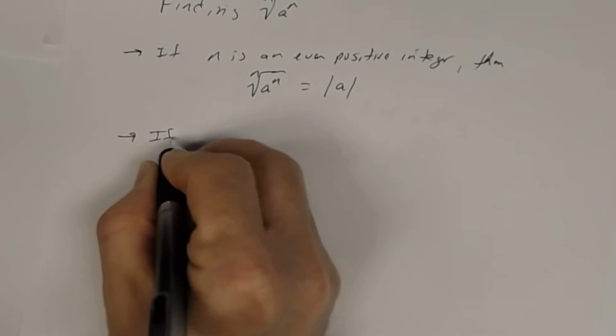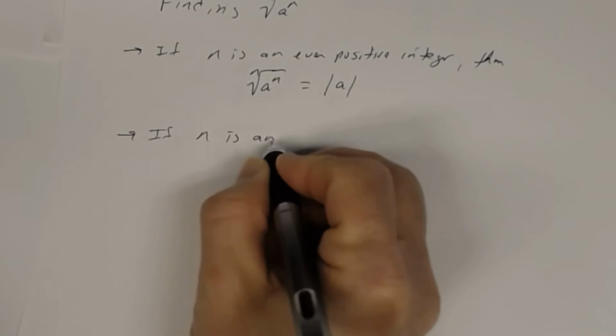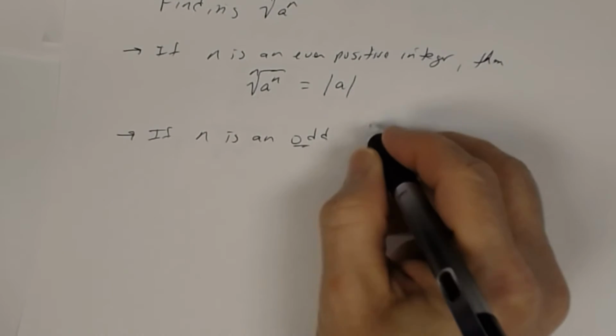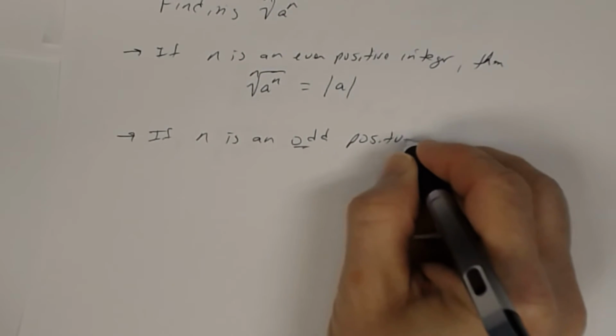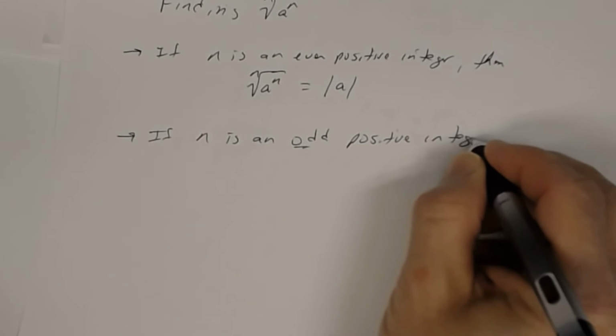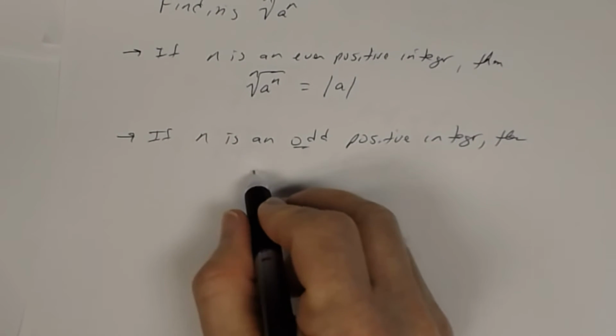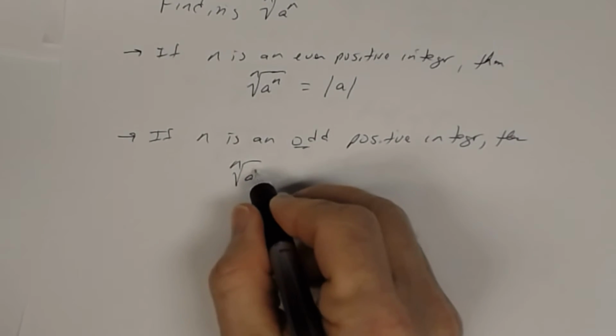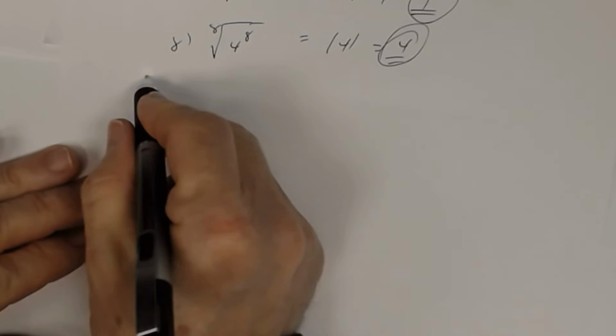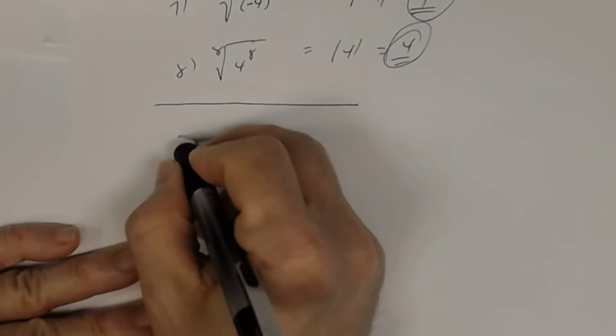If n is an odd positive integer, okay, if n is odd, then you have nothing to worry about. Then the nth root of a to the n, so if n is odd, I want you to think about this. Let's look at number 9.